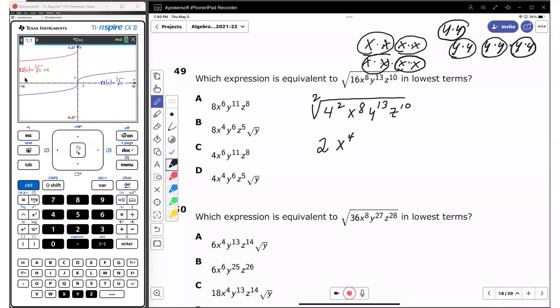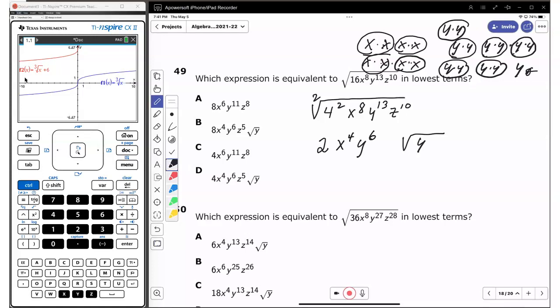So that's 2, 4, 6, 8, 10, 12, 13. So you notice we have an extra y, but we can make 1, 2, 3, 4, 5, 6. We can make 6 groups, but we're going to have an extra y. So the dilemma is, what do we do with that extra y? We have to leave it in the radical.